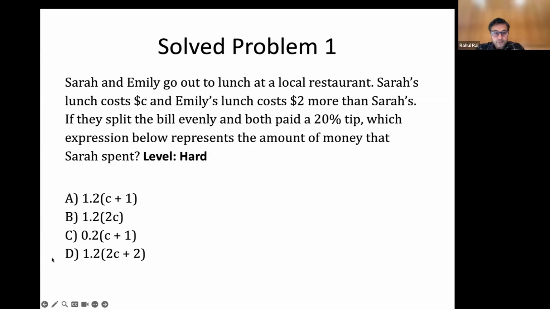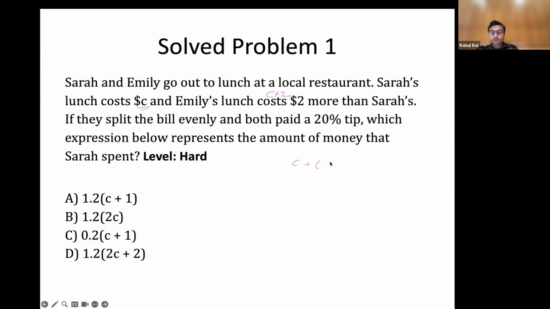Okay, so let's get into the process to solve this, and let's follow how to solve this problem. It says that Sarah's lunch costs C and Emily's lunch costs $2 more. So Emily's lunch cost is going to be C plus 2, because it's $2 more than Sarah's cost. So what is the overall cost?